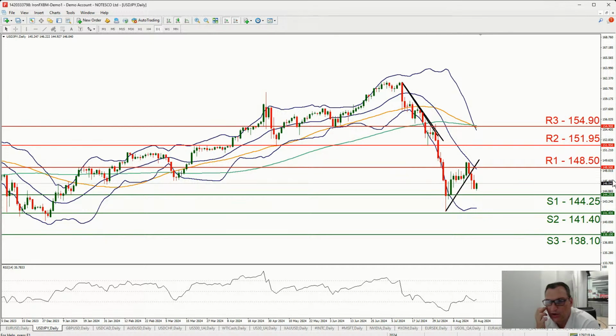Now, to that end, I would be highlighting that on Friday in the Asian session, there will be two sessions of the Japanese parliament at which BOJ Governor Ueda is to be testifying and explaining the rate hike in the bank's last meeting.